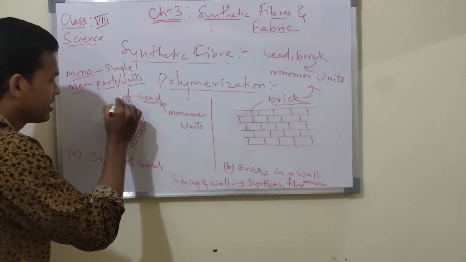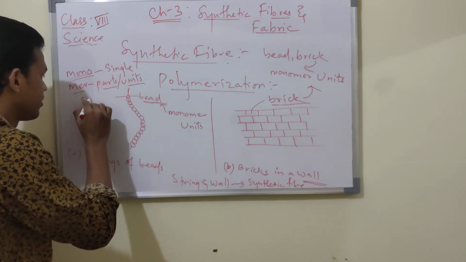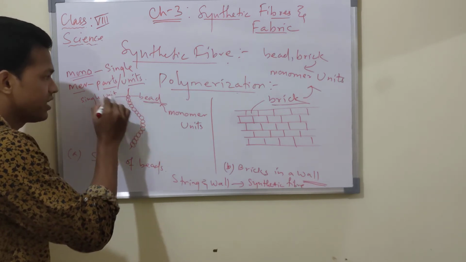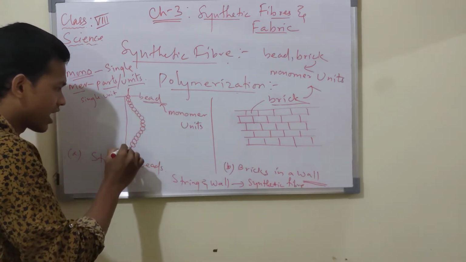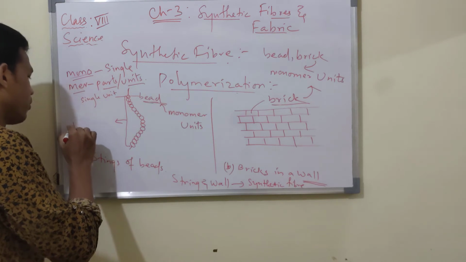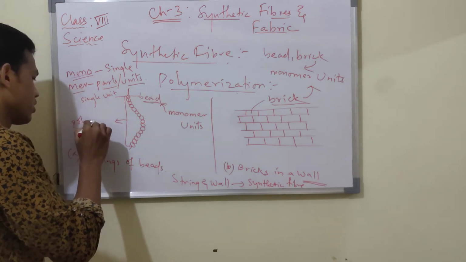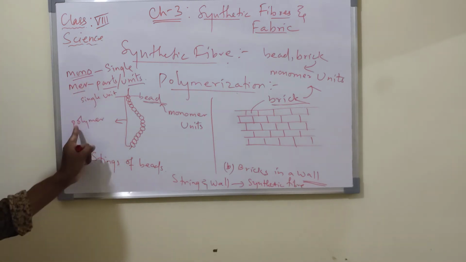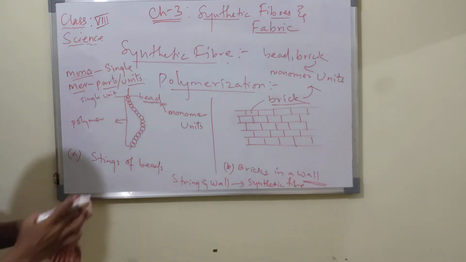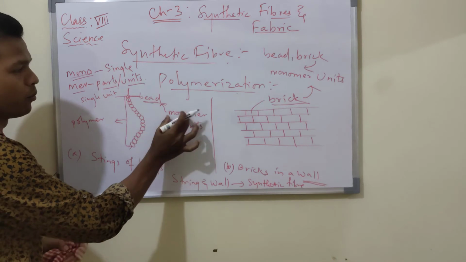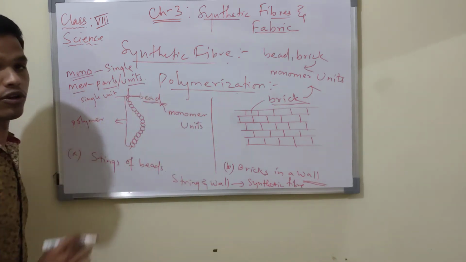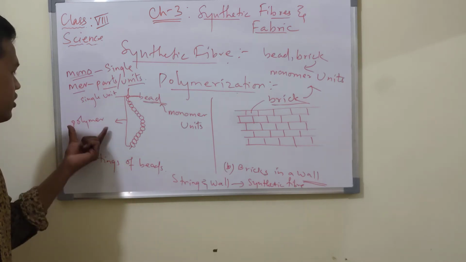A single unit is a monomer. Single units combined together form polymer. Poly means many. Mono means single. So these beads represent monomer units, and combined together they are called a polymer unit.